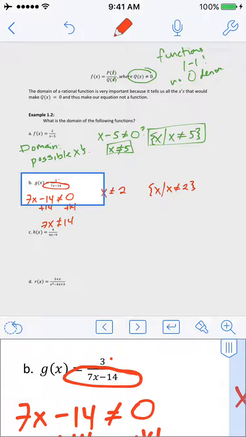Otherwise, if I plug any other value in there, I can get a fraction, right? If I plug in a 1, I get 7 minus 14, or g of 1 is equal to negative 3/7, right? So I can get a number out of that.